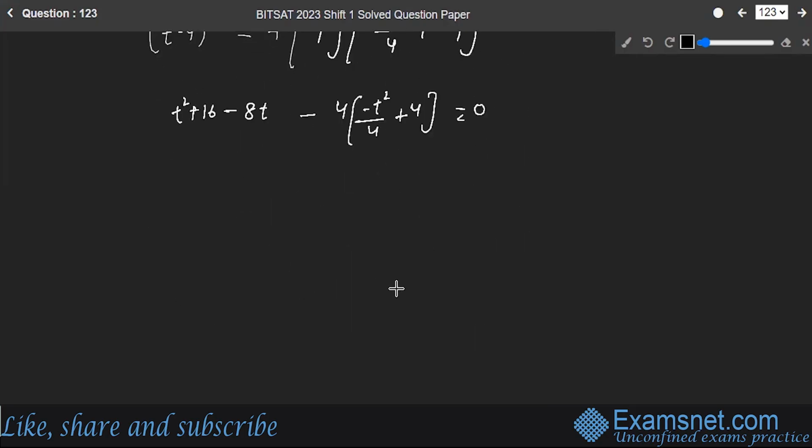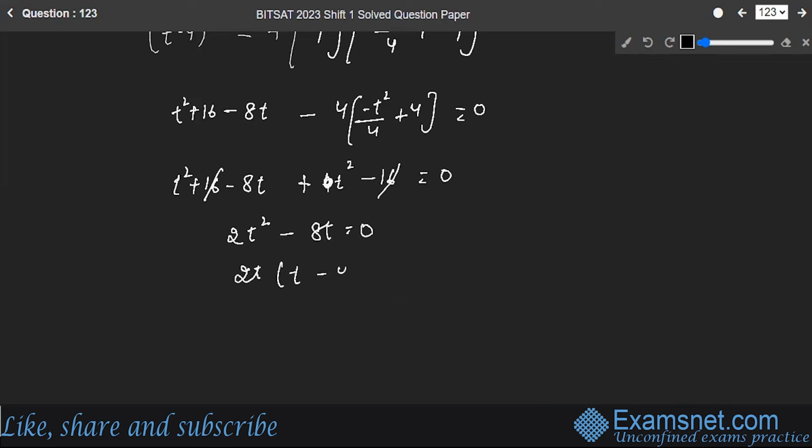Or you will have t square plus 16 minus 8t minus t square minus 16, this is equal to 0. The t square and 16 terms will cancel, and you have 2t square minus 8t is equal to 0, or taking 2t common, t minus 4. That gives you two values for t, that is 0 and 4.